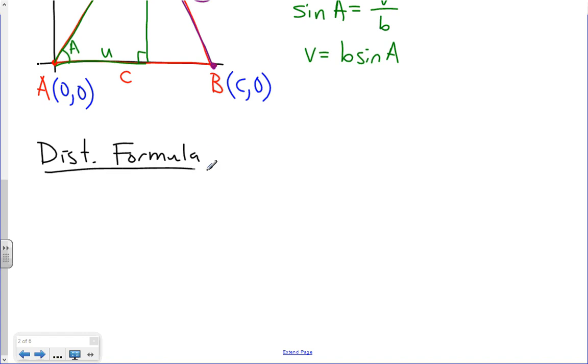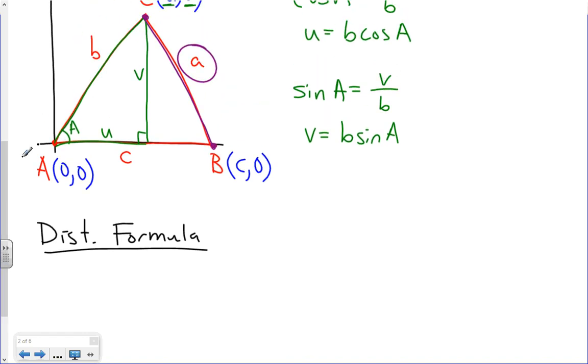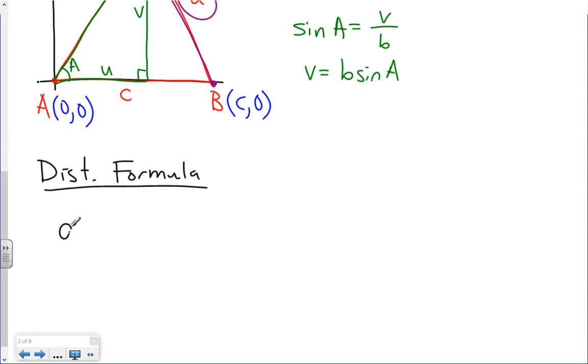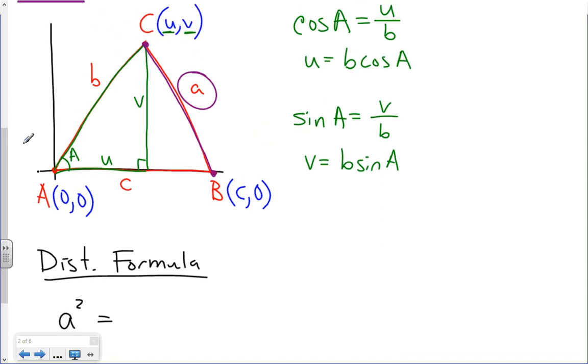All right, so with our distance formula, normally we would say that A equals the square root of something. But I'm going to square both sides of that. So instead of A equals, it's going to be A squared is equal to something. And instead of being the square root of something, I've squared it, so that gets rid of the square root for me. And so our distance formula just says take the difference in the x values. So I've got u here and I've got c here.